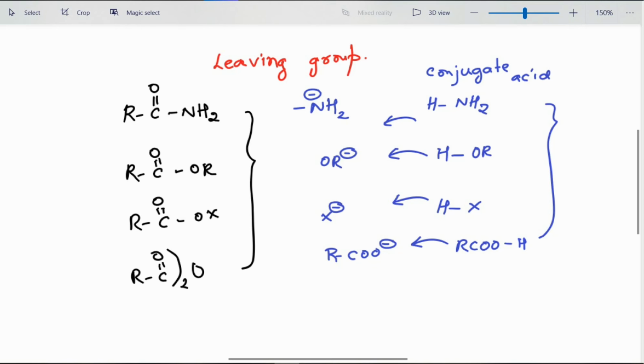For leaving groups such as NH2, OR minus, X minus and RCOO minus, the conjugate acids like ammonia, alcohol, HX or acids differ in their acidic strength.